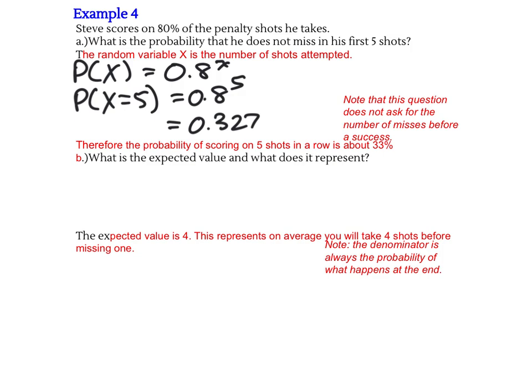Therefore, the probability of him scoring on the first 5 shots in a row is about 33%.